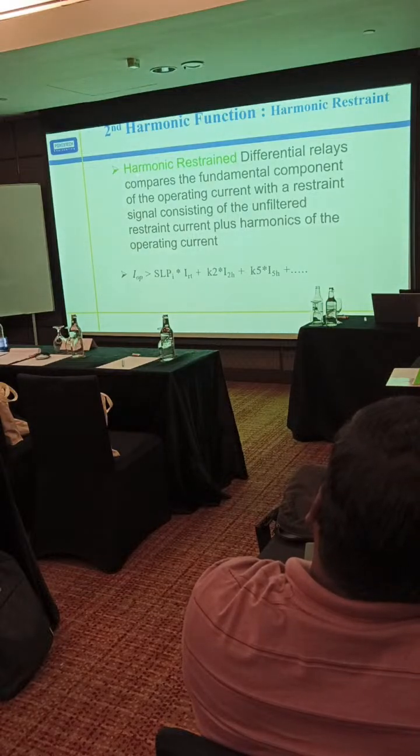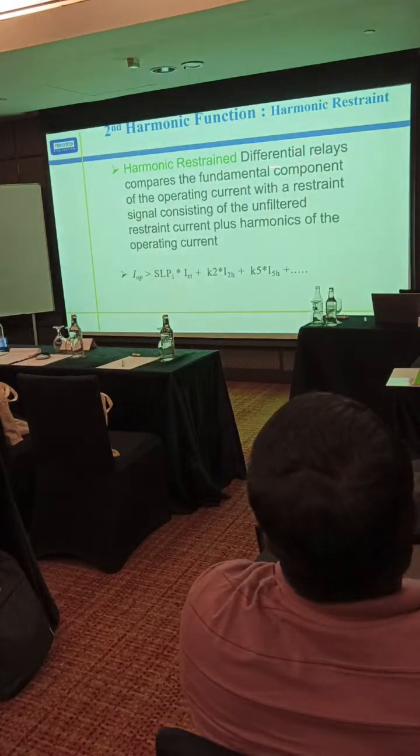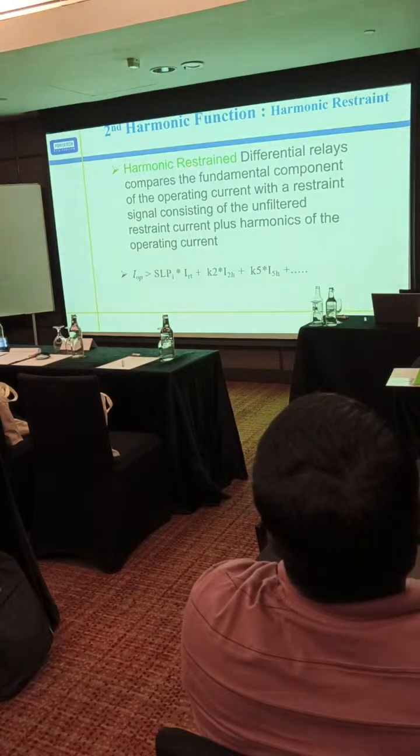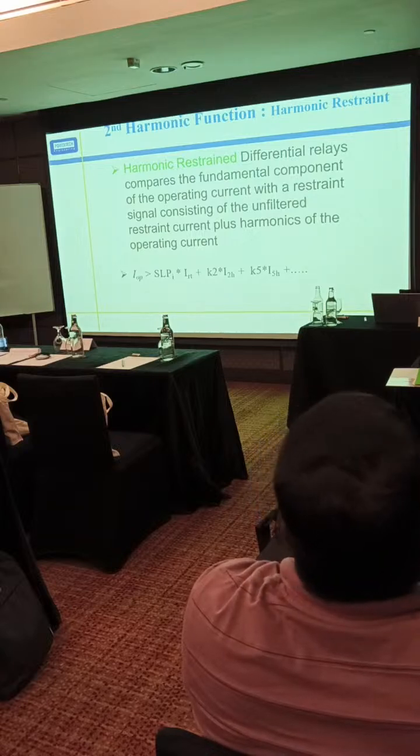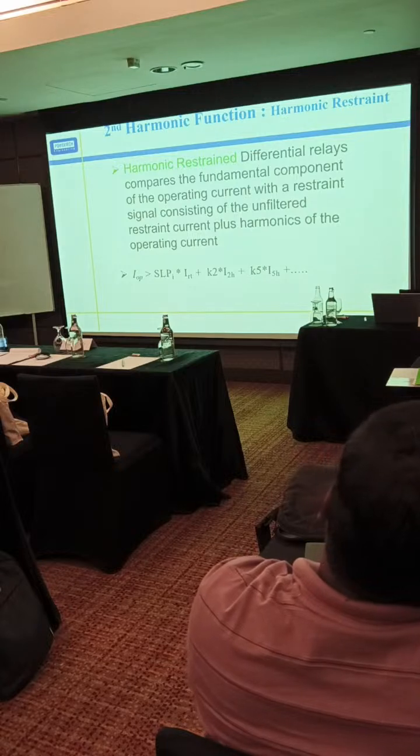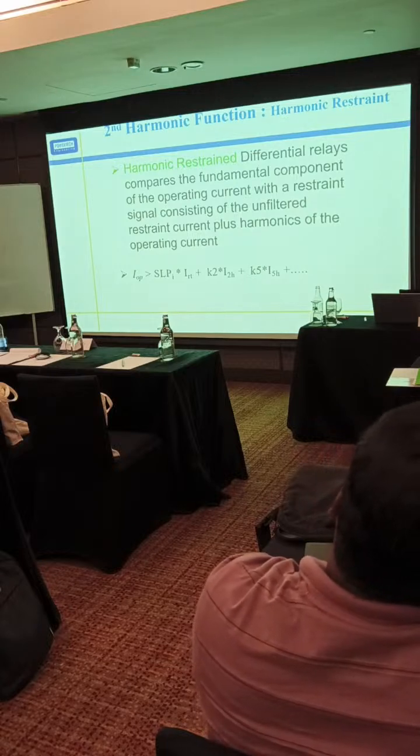So what is the harmonic restraint differential? Suppose our setting in the relay is generally 15-20% for the second harmonic.